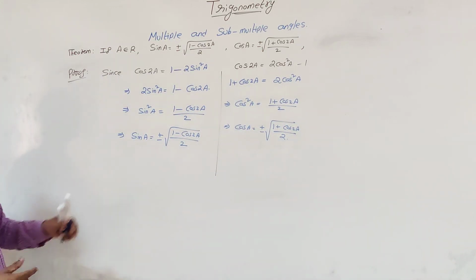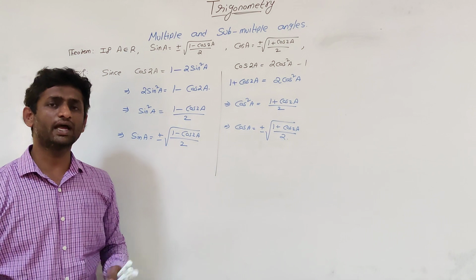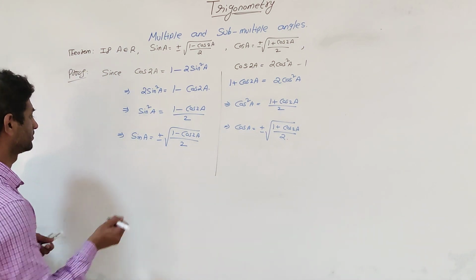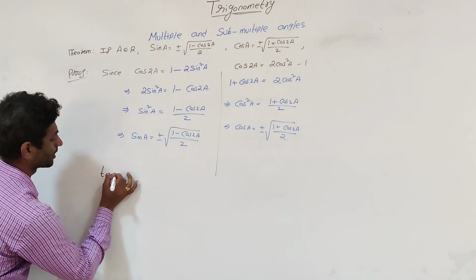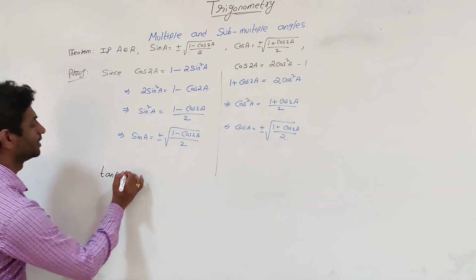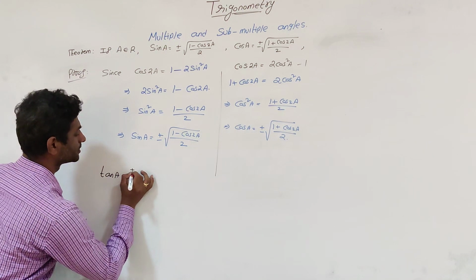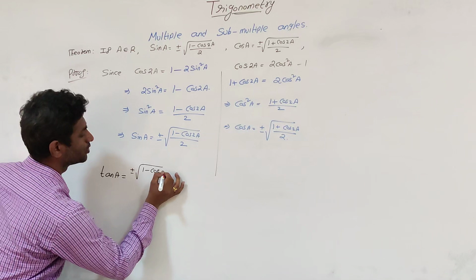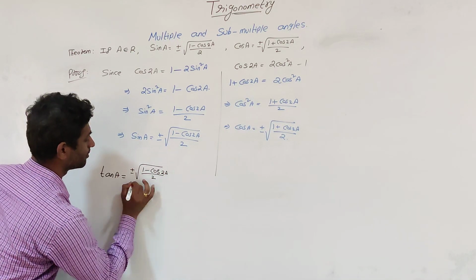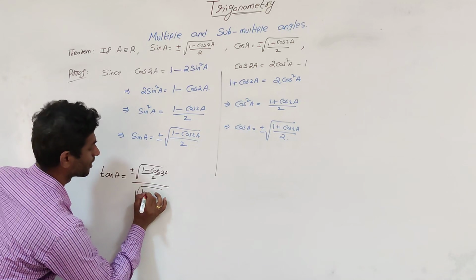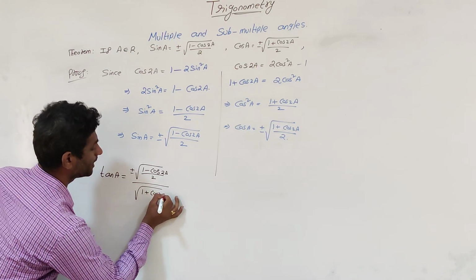As we know sin a and cos a, what will be tan a? Tan a will be sin a by cos a. That is plus or minus under root of 1 minus cos 2a by 2 by under root of plus or minus 1 plus cos 2a by 2.